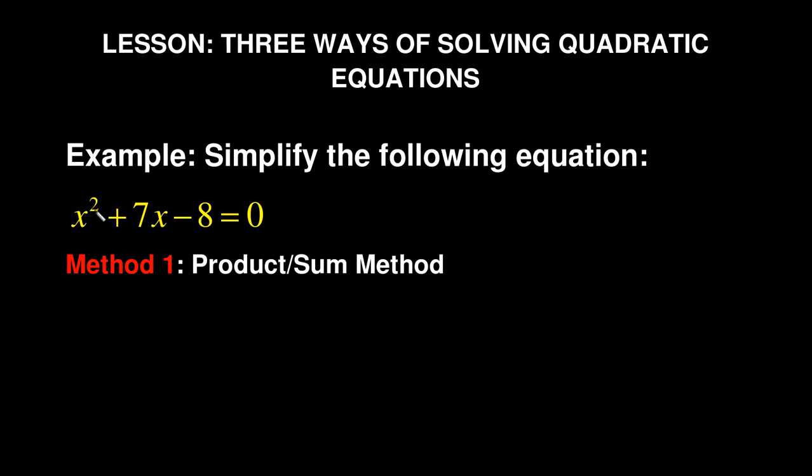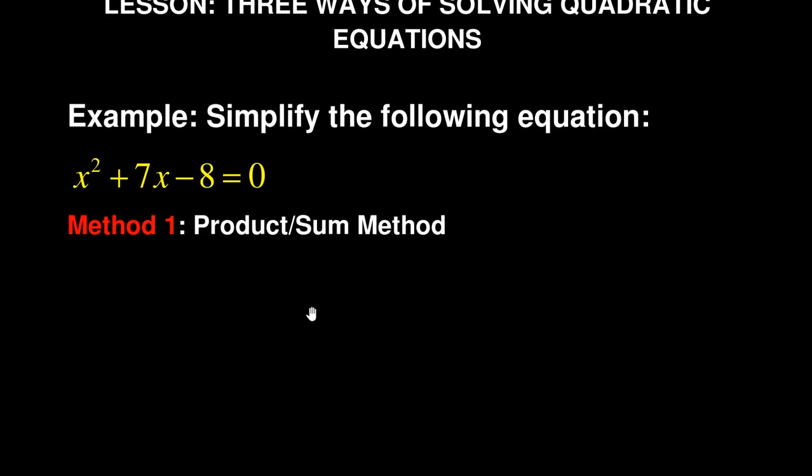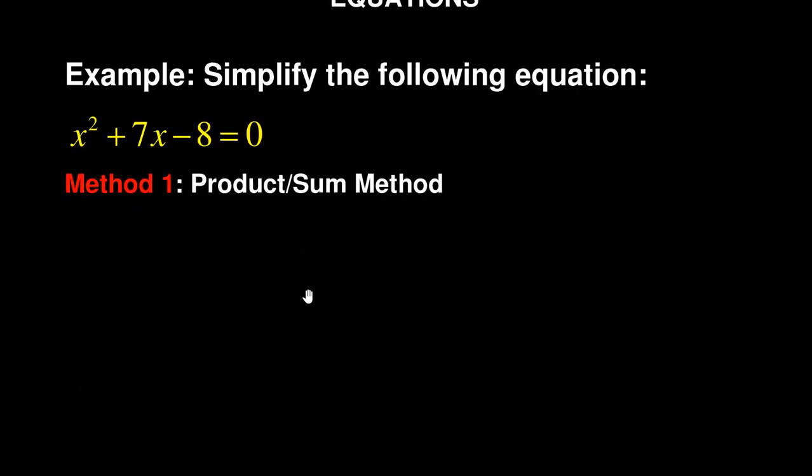It is a quadratic equation because it has got x squared: x squared plus 7x minus 8 is equal to 0. Since I've got x squared, I need to come up with 2 values of x. As I said, there are 3 ways in which I can solve this equation.